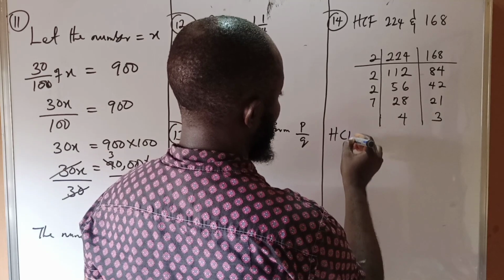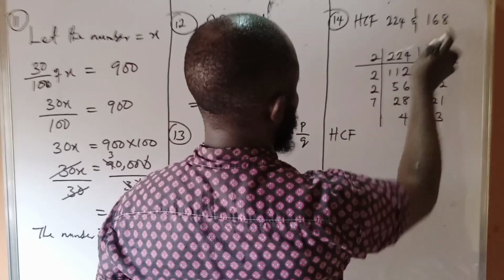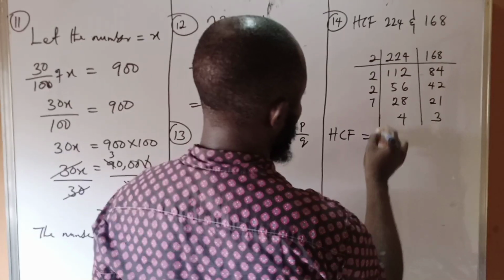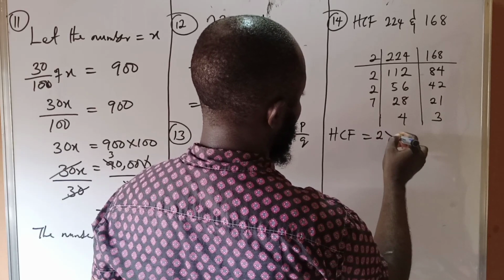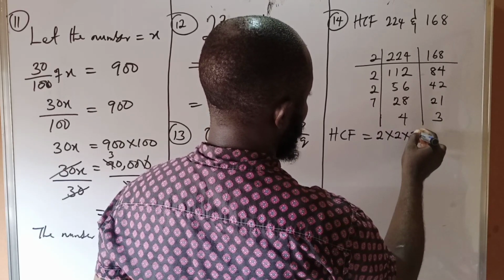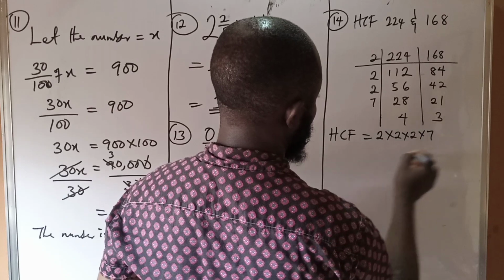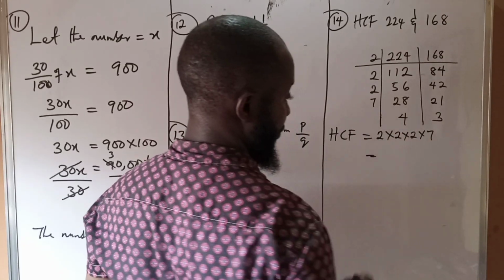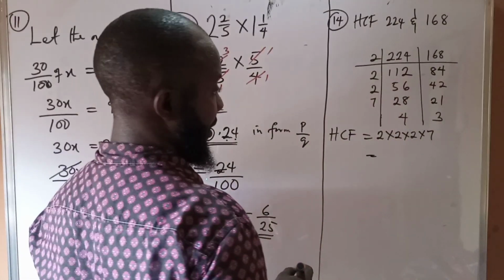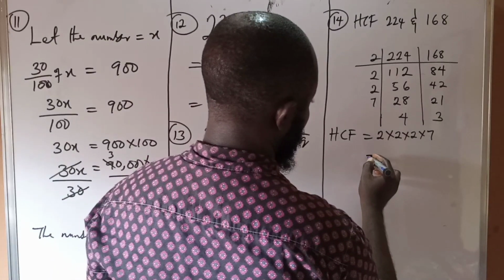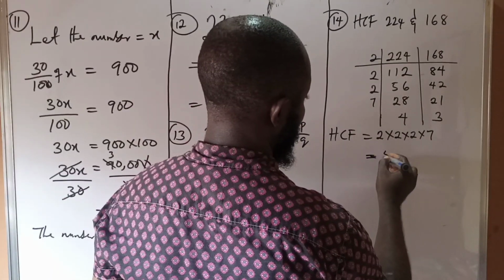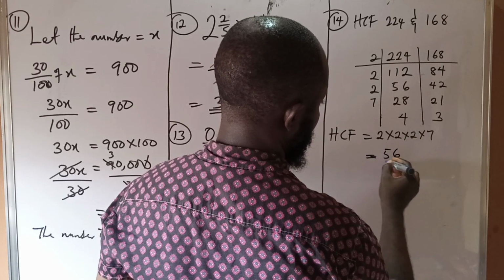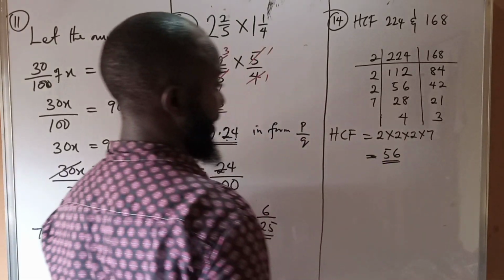The HCF of these two numbers will then be a multiplication of these divisors. That will be 2 times 2 times 2 times 7. So that is 2 times 2, 4, 4 times 2, 8, 8 times 7, that is 56. I hope that is clear.